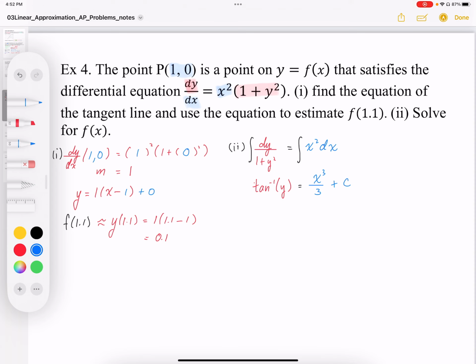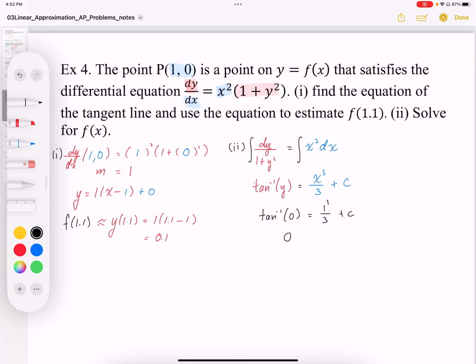Okay, so I want to solve for the plus c, so what I'm going to do is input my x and y into that equation. So arctan of y, which is 0, is equal to 1 cubed over 3 plus c.